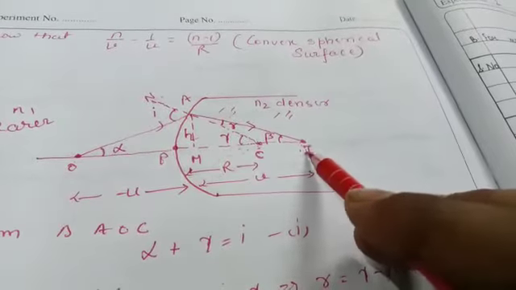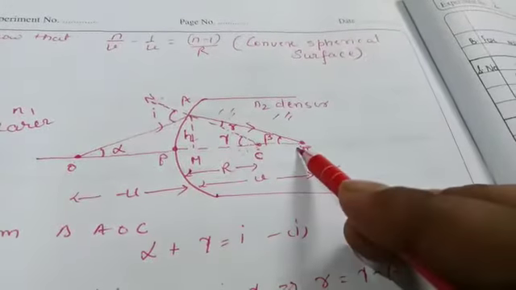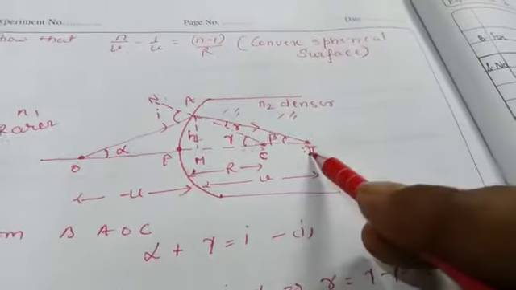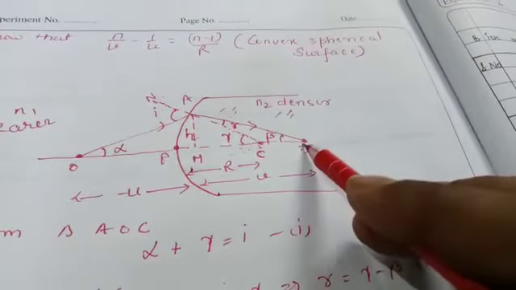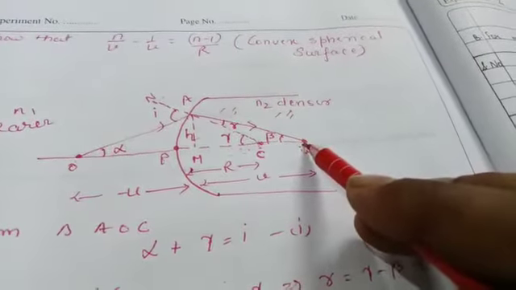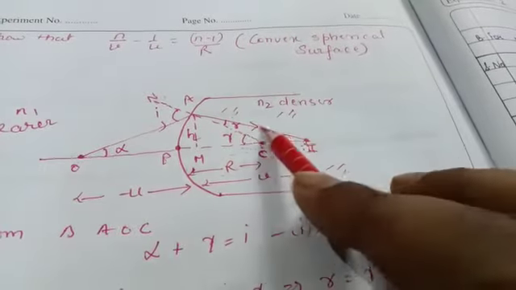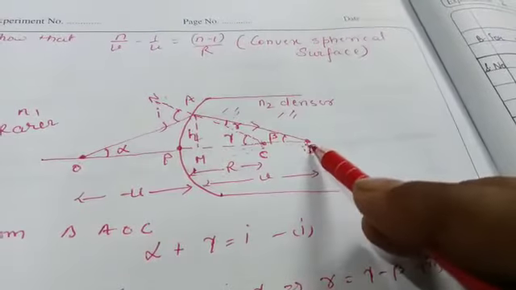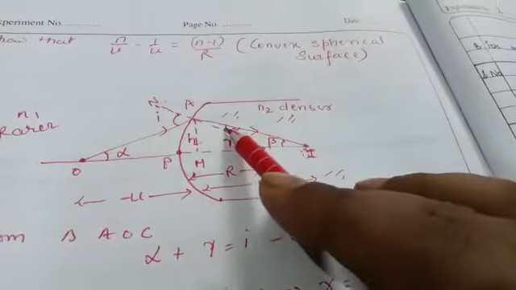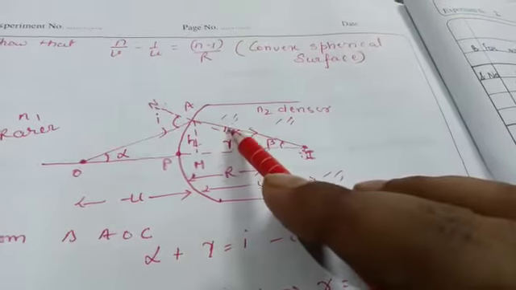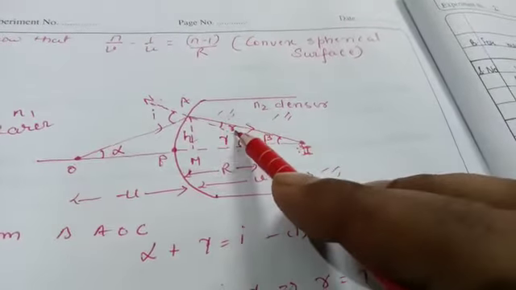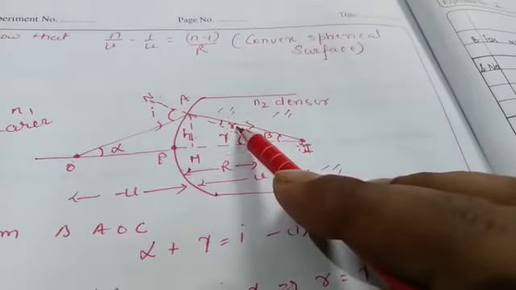Where this light actually cuts the principal axis, here you get the real image, because this light ray is actually intersecting at point I. So this is the refracted ray, which forms the image at this point I, and the angle formed by the refracted ray with respect to the normal is called R, the angle of refraction.